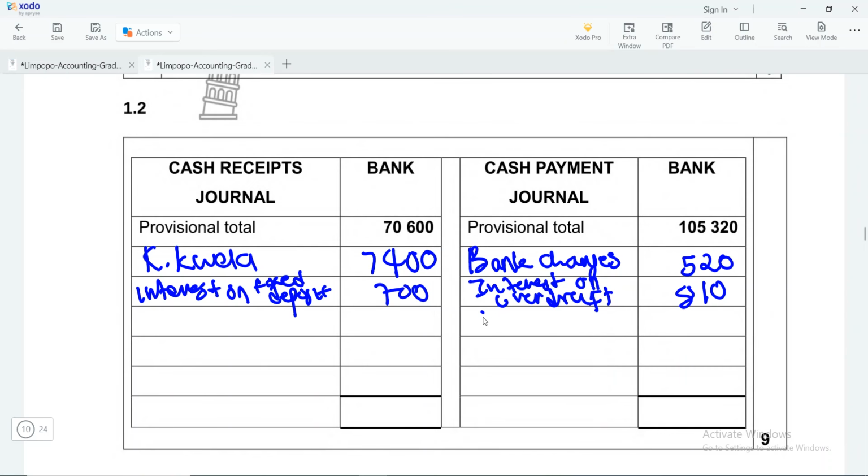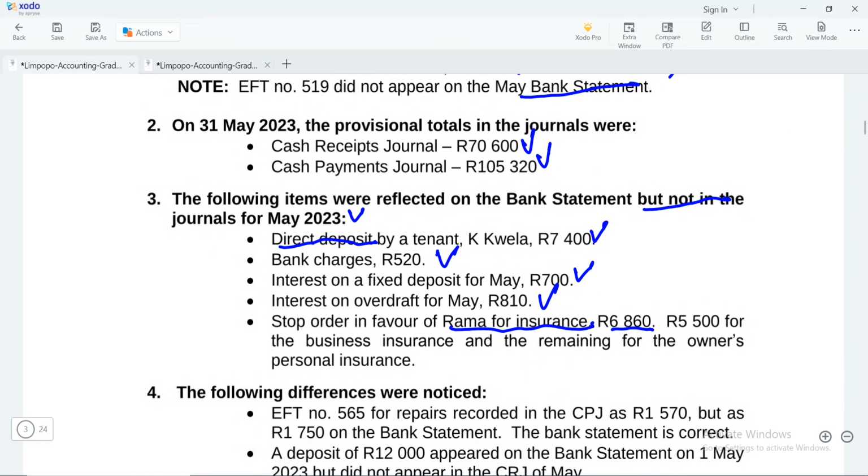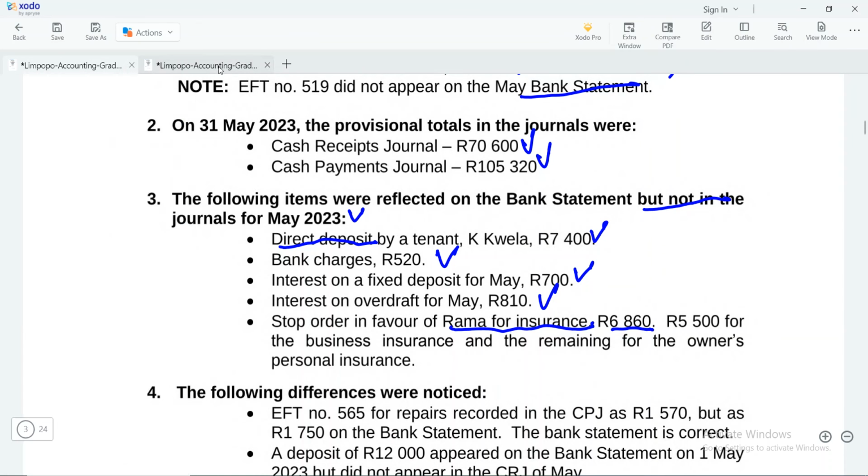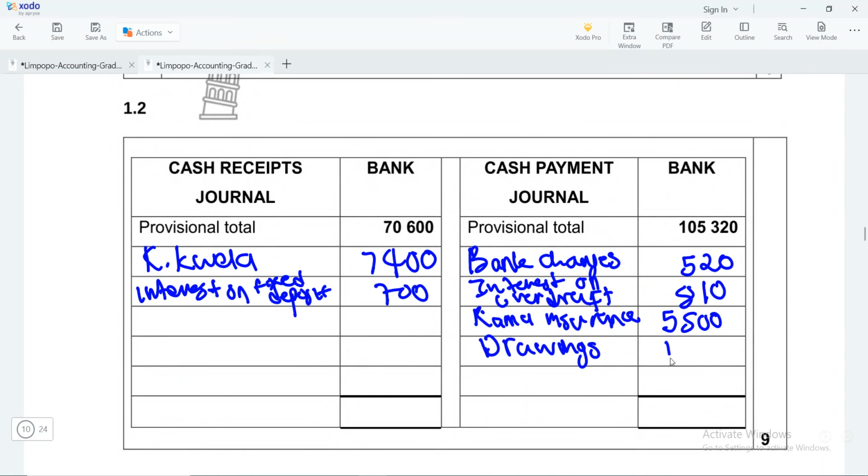We can write Rama insurance, and then write 5,500. Then the next one will be drawings. We can just write the drawings and then check what is the amount there that we are given. So remember, 6,860 minus 5,500, it is giving us 1,360. So that 1,360 will come this side.